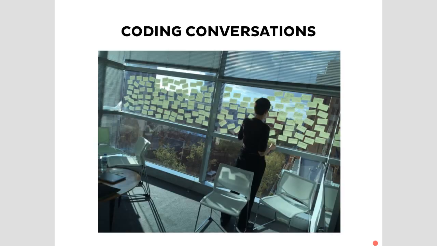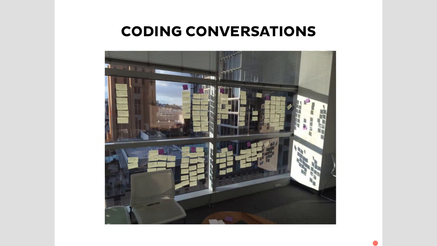What we then did is we coded all of the conversations, and that means finding all of the interesting tidbits that people said, and we grouped them all. It was quite a bit of work, and we found that really the biggest problem was that people didn't have a joint understanding of their digital practice.